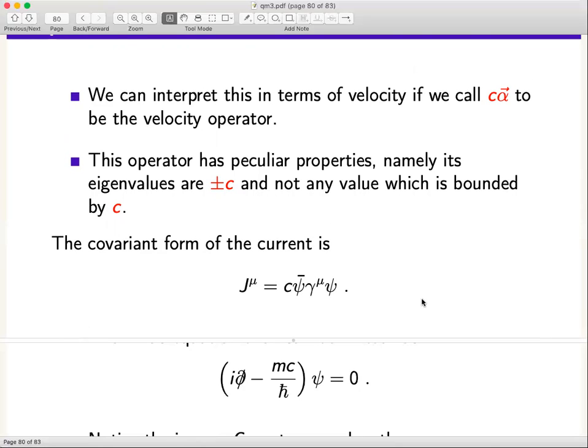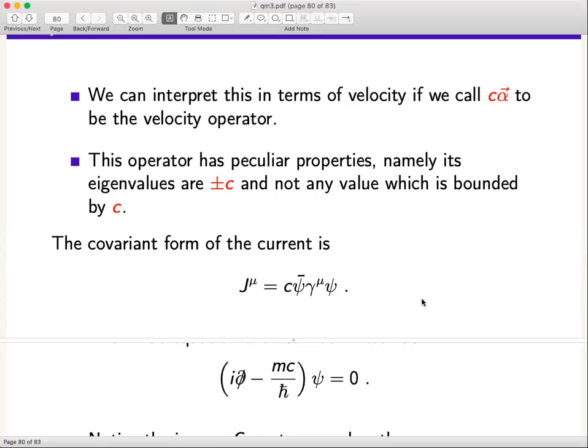Well, yes. So the answer is that you can separate them only when you are in the rest frame. Otherwise, you cannot separate them. We can work only with the particle component in the rest frame.